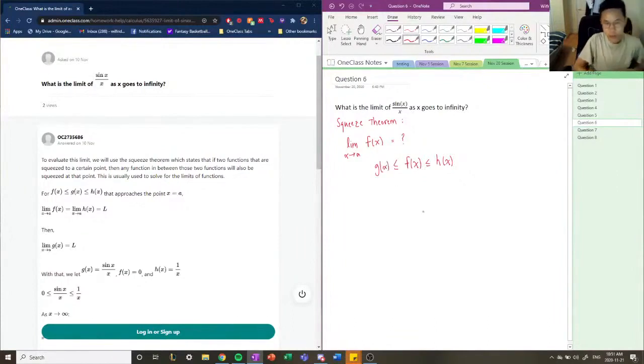Once we have this inequality set, if the limit of g of x and h of x as x approaches a is the same, then f of x also has that limit.